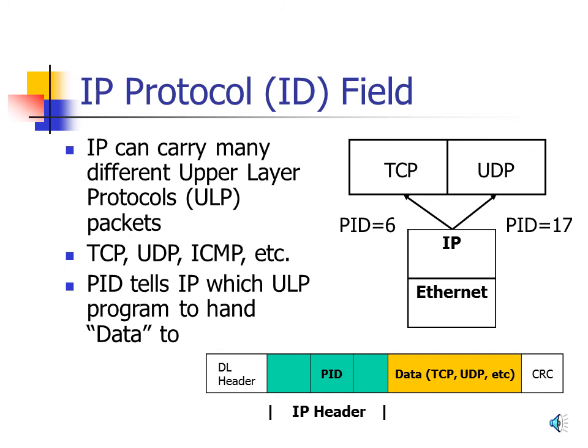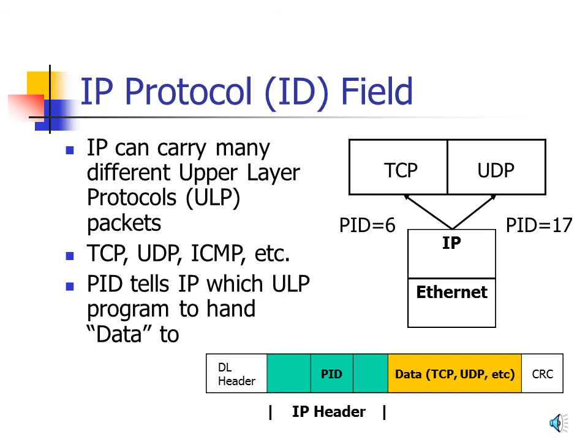Now, for instance, if an IP packet had a protocol ID field of 6, that means that the contents of the IP packet was a TCP packet. If the protocol ID field was 17, then that would tell IP that the contents of the packet is a UDP packet.